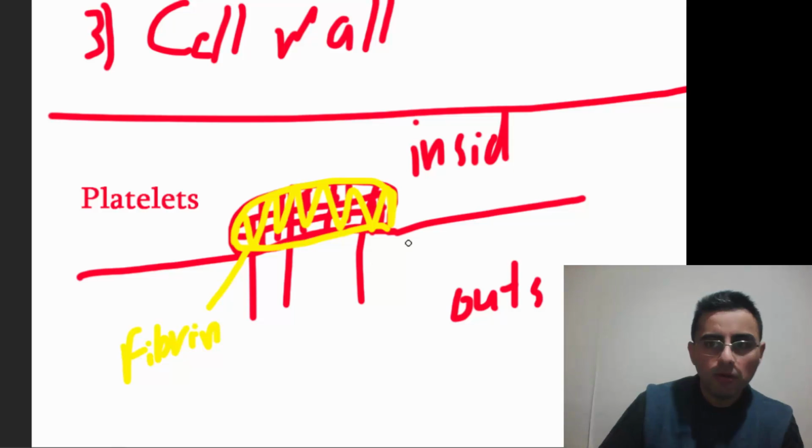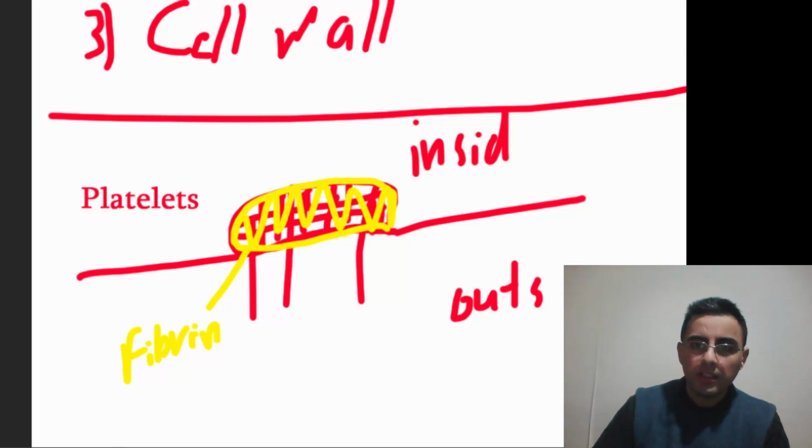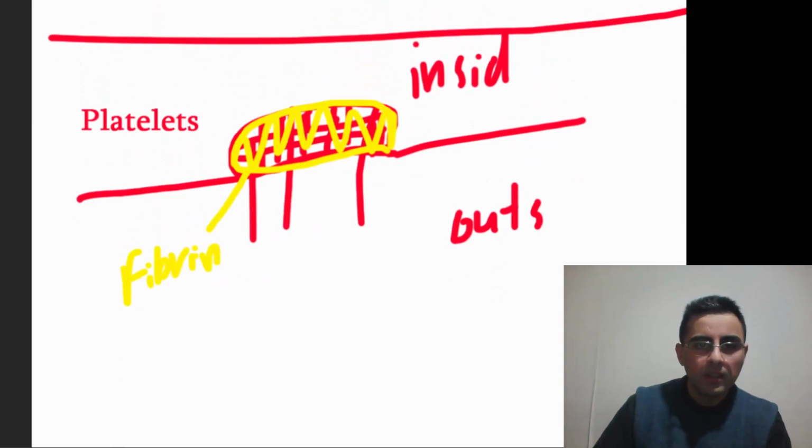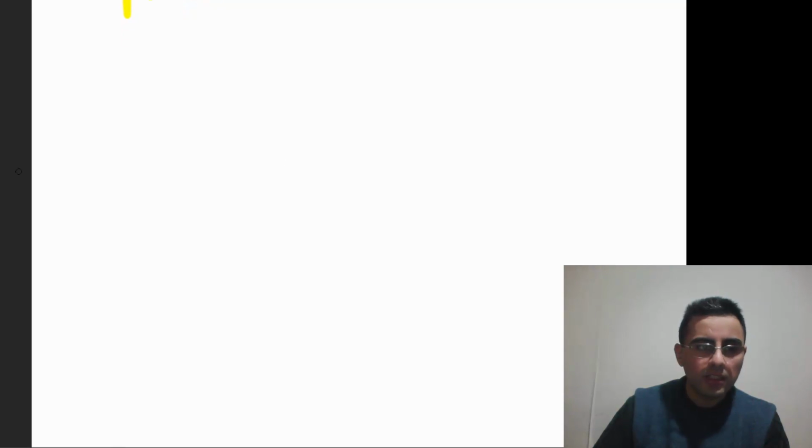So let's talk about how this process goes. The first reaction, when endothelial damage occurs, is contraction of the cell wall.